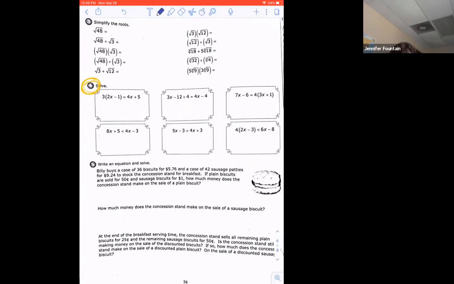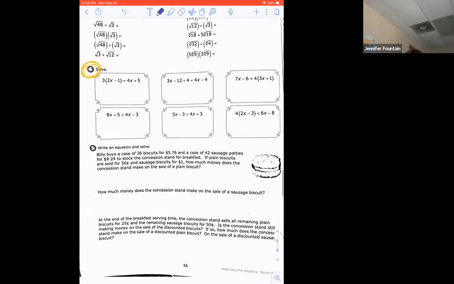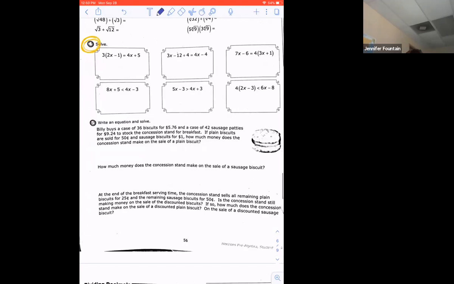All right, and then below that, we had inequalities. The first one is x is less than -2. The one in the middle, x is greater than 6. And then the last one, x is less than 2. Any questions on our inequalities?